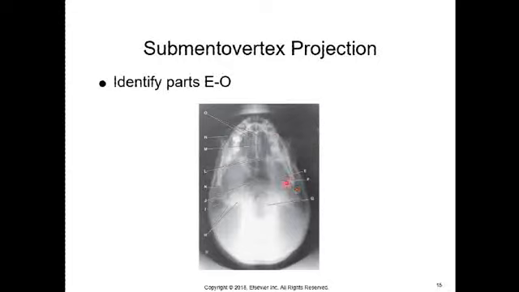So E, and remember you saw in an earlier slide, is very oval shaped. That's your foramen ovale. And then right back here is your foramen spinosum. So those are 2 that are important. That's why you would get an SMV radiograph, specifically so that you could point out the foramen for me.